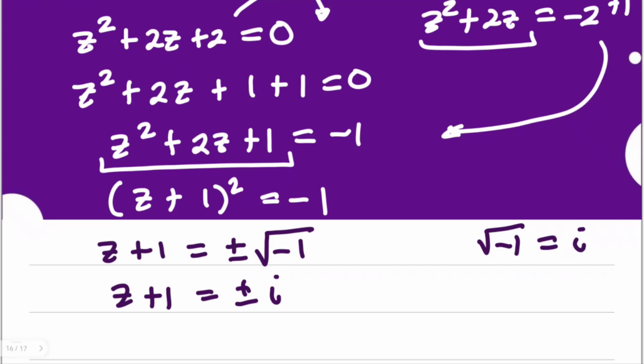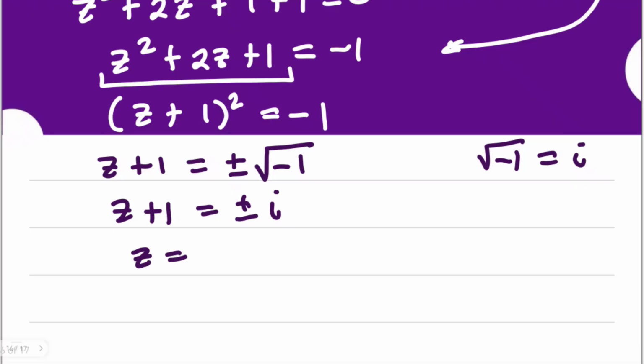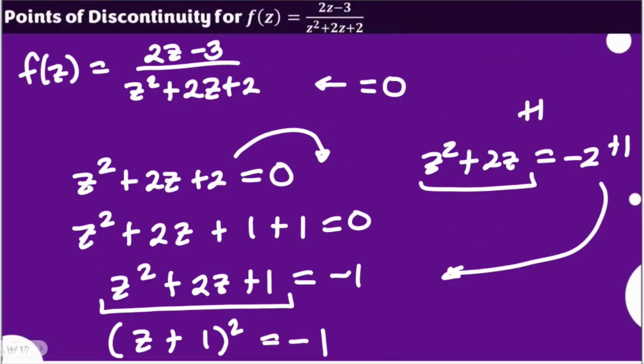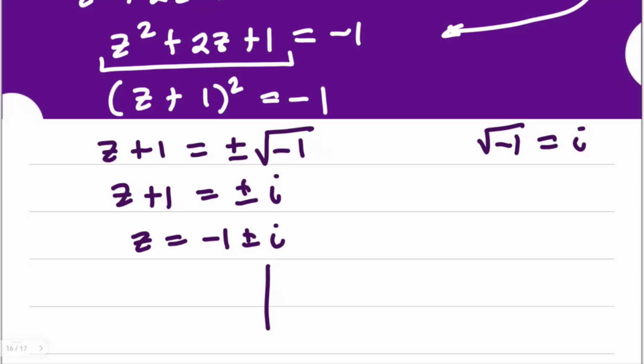So with this, z is equal to negative 1, as we move that here, plus or minus i. So the given function is discontinuous when z is equal to negative 1 plus i, or negative 1 minus i.